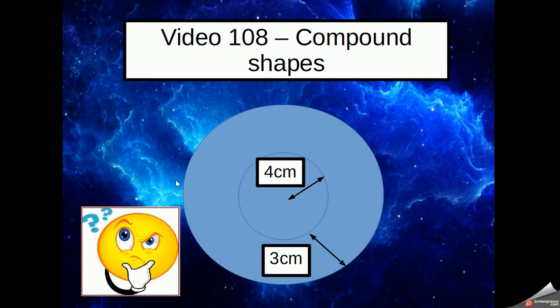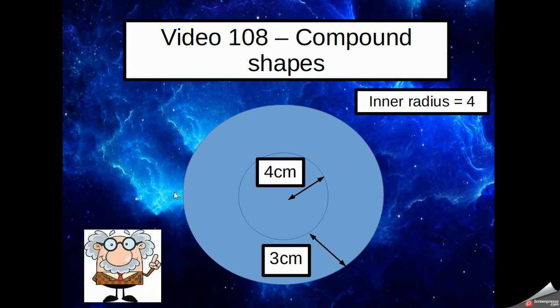Now a way to look at this is that we've got one big circle, and we know the formula for working out the area of a circle, and we're taking out the area of the circle inside. So if we can work those two areas out, I can simply take the inner area away from the outer area.